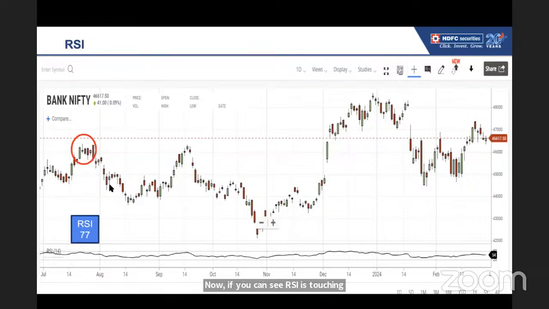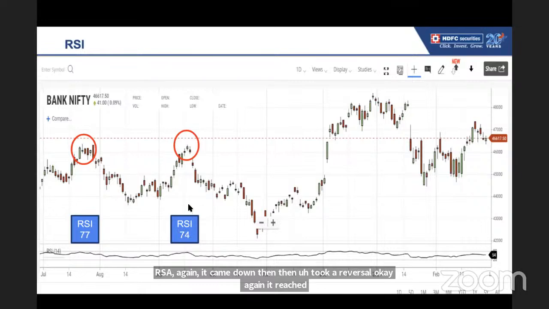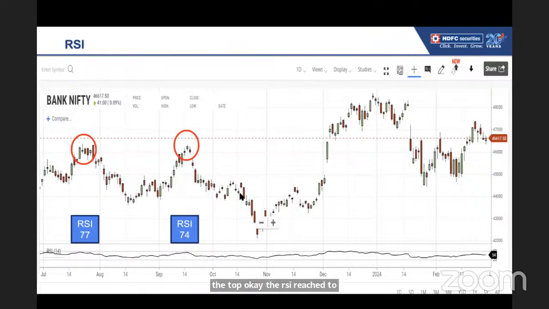Okay, and then what happened? The direction completely changed, right? Now again what happened? Same thing. The RSI again came down, then took a reversal. Okay, again it reached the top. The RSI reached 74, and then again it's a reversal.